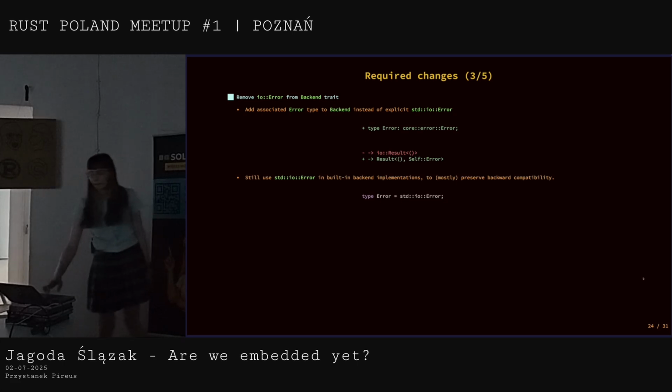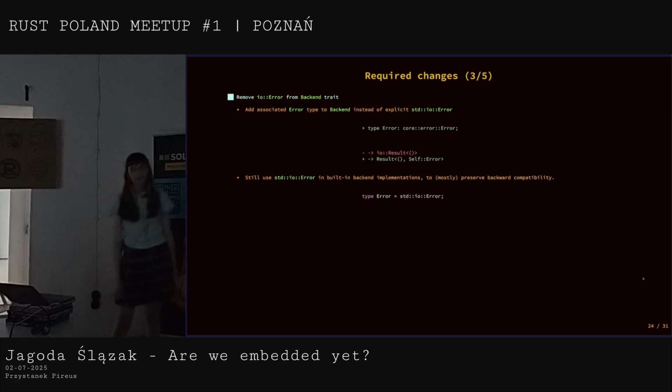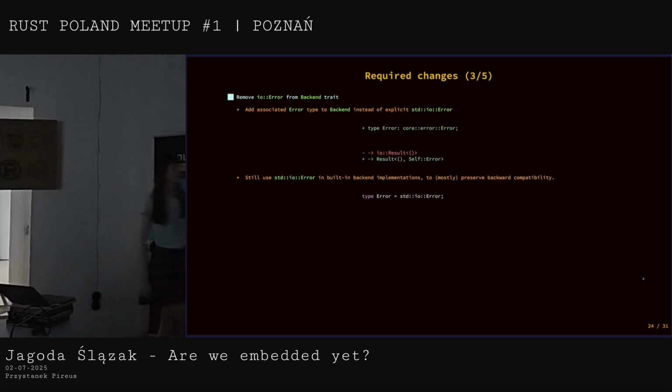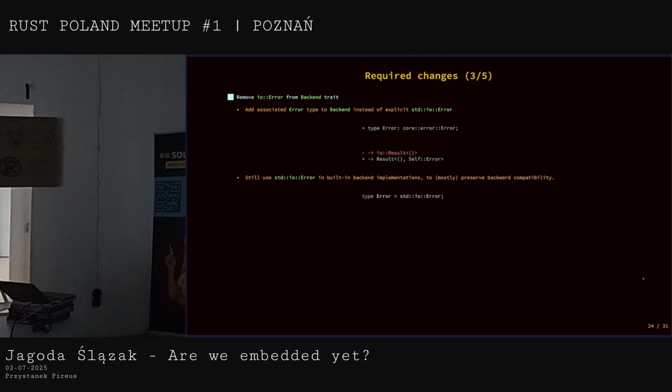Previously the backend trait used io::Error for error handling, but we couldn't use IO in no-std. So we introduced an associated error type to the backend trait, and in the standard terminal backends, we still use std IO error.